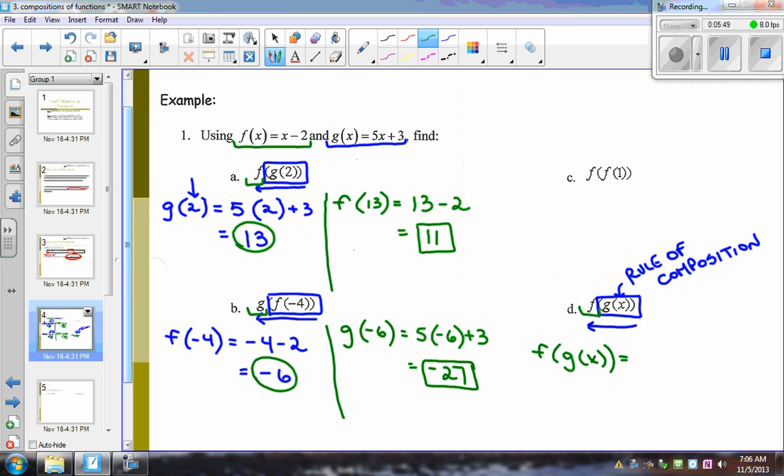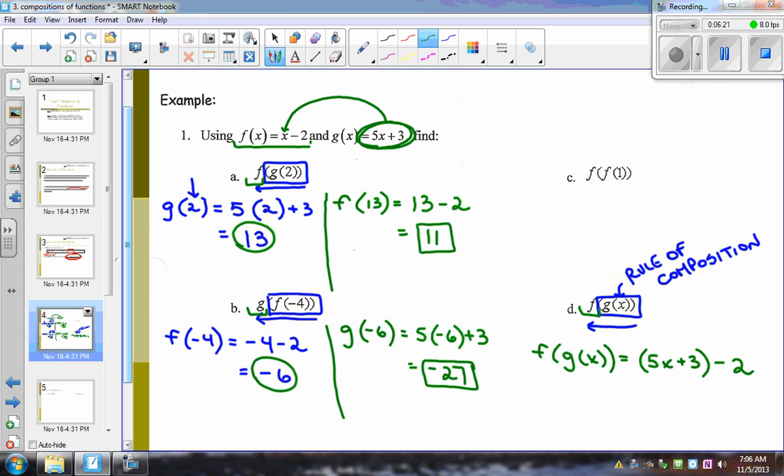g of x is our 5x plus 3 right here. But what we are going to do is take that entire function and substitute it for the variable in f. So the way this would actually look is as follows. 5x plus 3 gets substituted in for the variable in the f function, and we are left with that minus 2 that function still has.